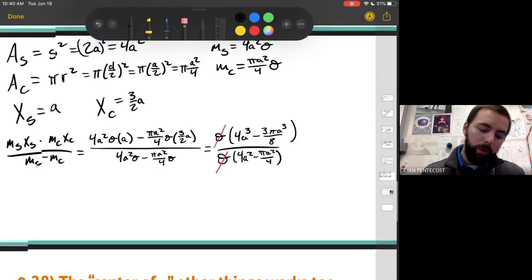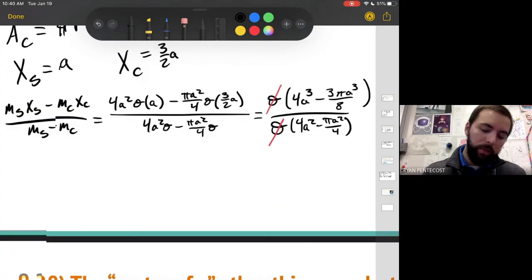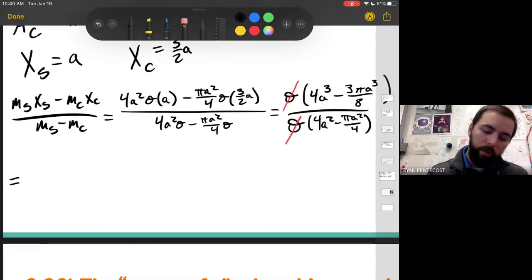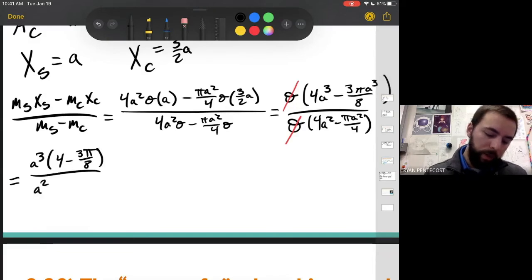Now one more thing you can cancel is the a's. So I'm going to rewrite this down here. We'll factor out a cubed up top and a squared down bottom. So you've got a cubed times 4 minus 3 pi over 8. And then we'll factor out a squared down here to get 4 minus pi over 4.